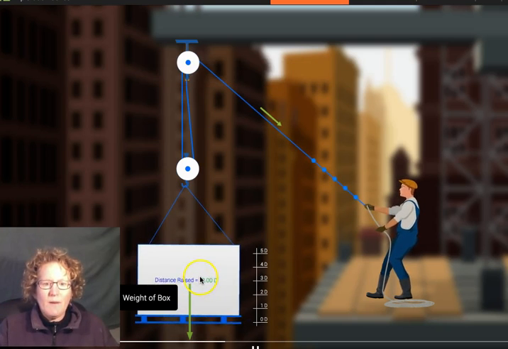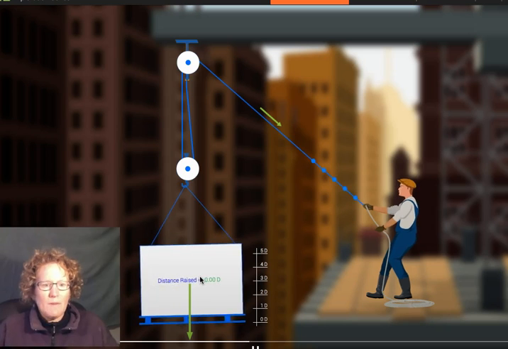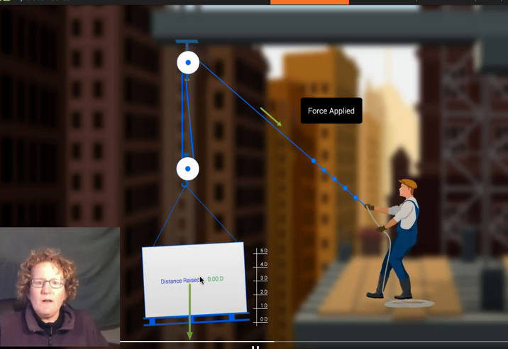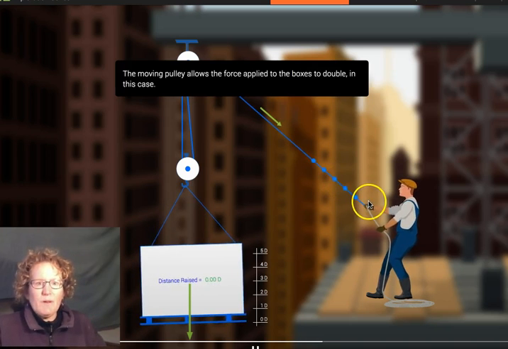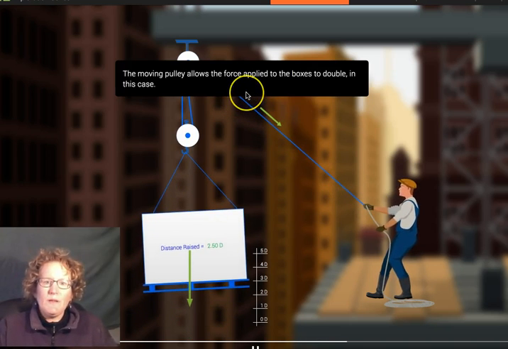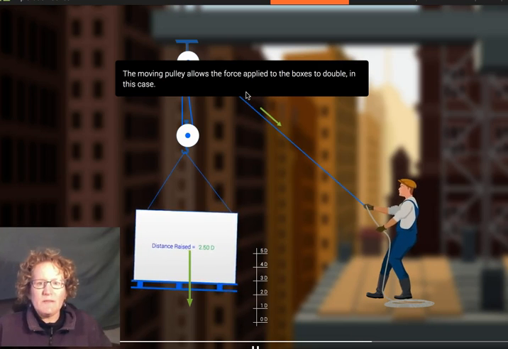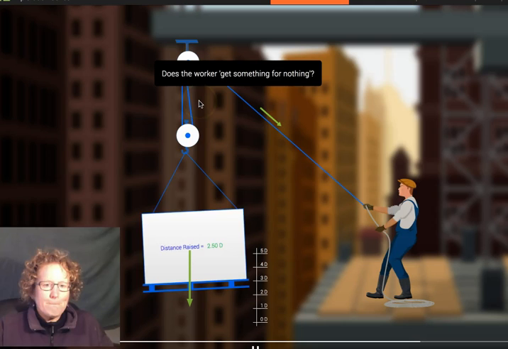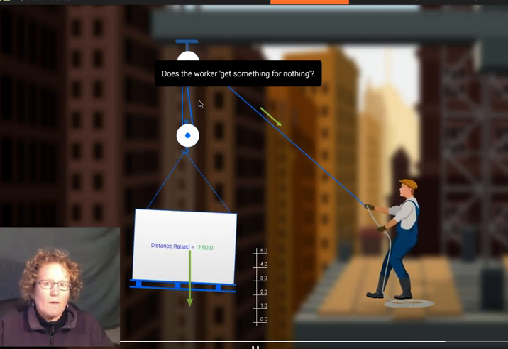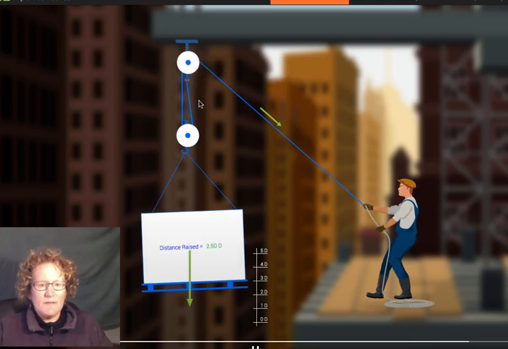We've got the weight of the box. Weight, remember, is the force of gravity on mass. We've got the force of this person pulling. The moving pulley allows the force applied to the boxes to double in this case because we're pulling for a greater distance.